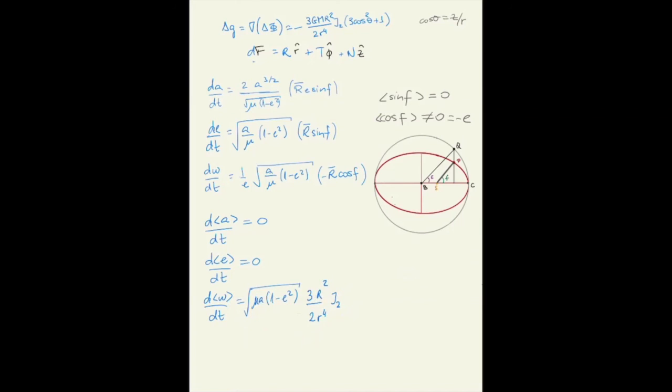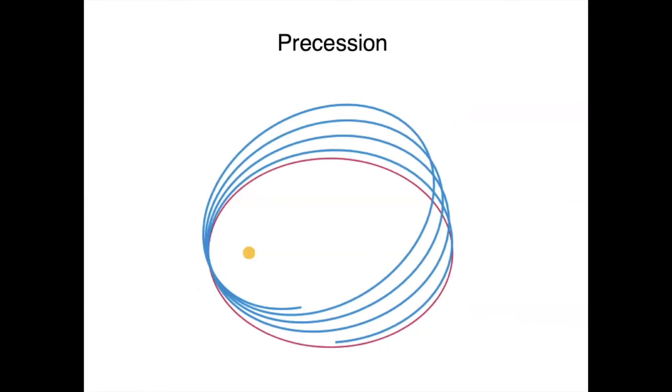The semi-major axis is constant, the eccentricity is constant, but the orbit is going to change its argument of pericenter because of a non-zero J2. And this is what is shown here. You have an orbit around an oblate body that has a non-zero J2. You start from this orbit here, the red, and slowly, because of J2, you are changing the direction of the argument of pericenter, whereas the semi-major axis and the eccentricity are held constant.